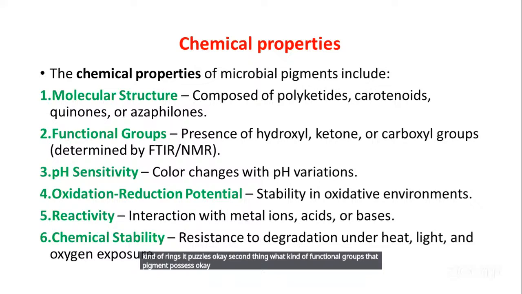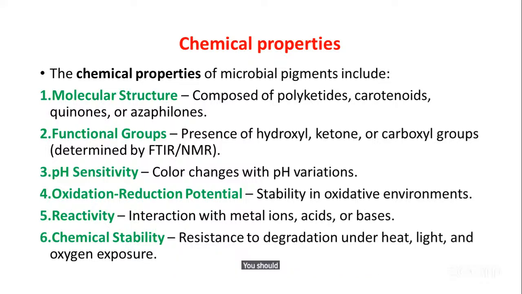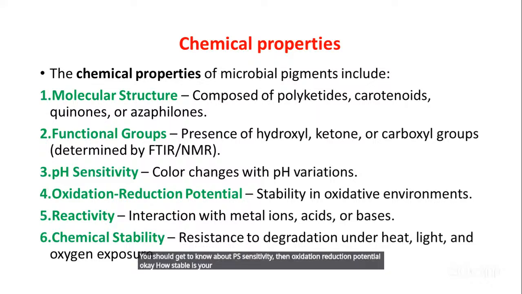Does that pigment possess a hydroxyl group, a ketone group, or carboxyl group? Okay, so all these things you should determine in chemical properties. Then under chemical properties, you should get to know about pH sensitivity, then oxidation reduction potential. Okay, how stable is your pigment under oxidative environments, and how it interacts with metal ions and acids.